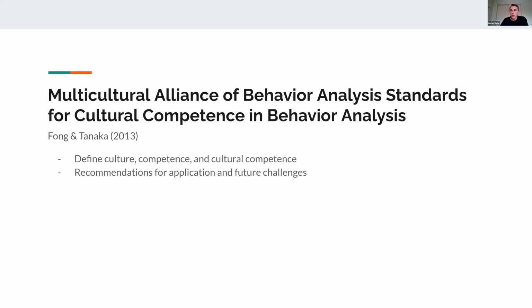So the Multicultural Alliance of Behavior Analysis Standards for Cultural Competence and Behavior Analysis is an article, but it essentially talks about a few of the standards and guidelines that have been and continue to be implemented as far as cultural competence is concerned.